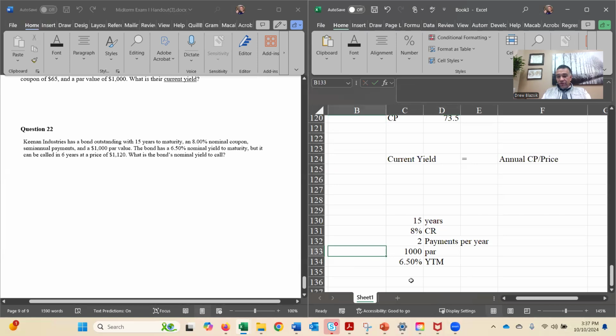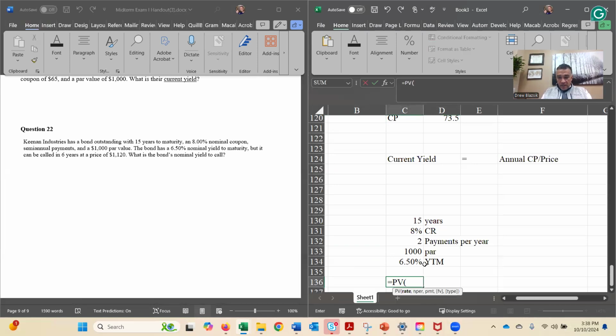Okay. So first, we got to find out the price. Let's do that. Present value is equal to the interest rate. That's the interest rate. Divide by 2 semi-annual payments. Total number of payments, 15 years times 2, which is 30. PMT, what is PMT? No, I did not calculate PMT. So what I'm going to do is do it here. PMT is 8% times par divided by how many times per year?